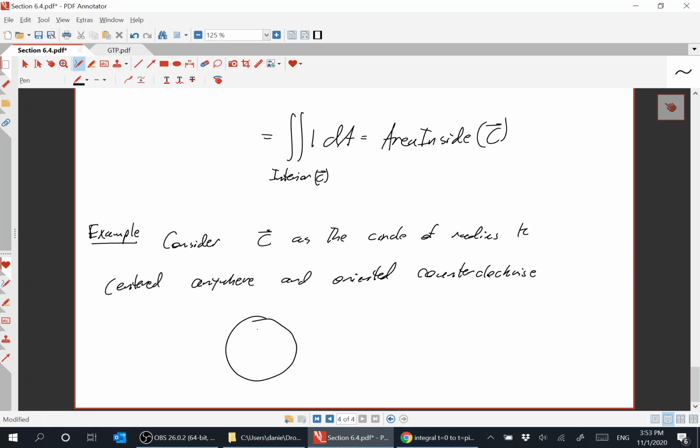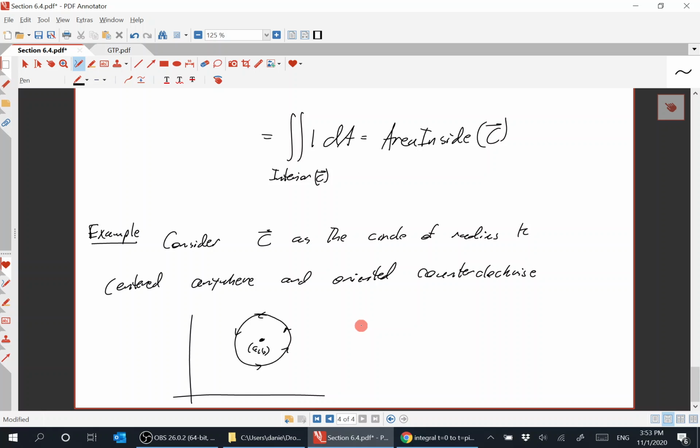Well, here's C. And that's the circle of radius k. And it's centered somewhere at a, b. Right?